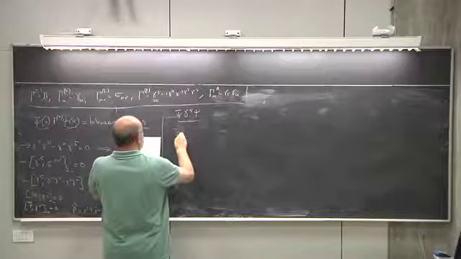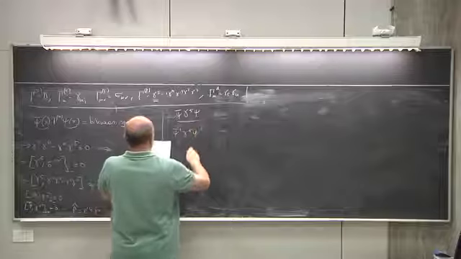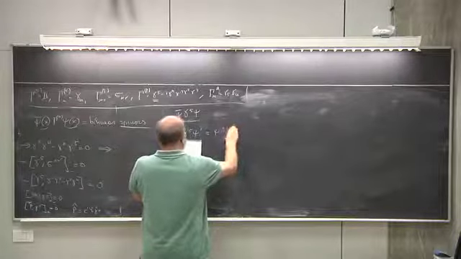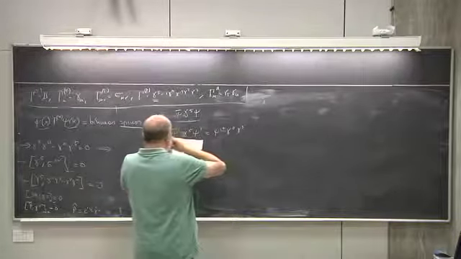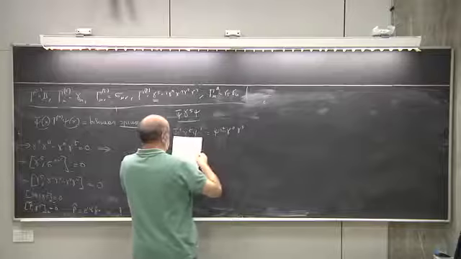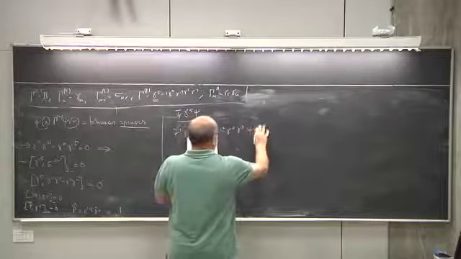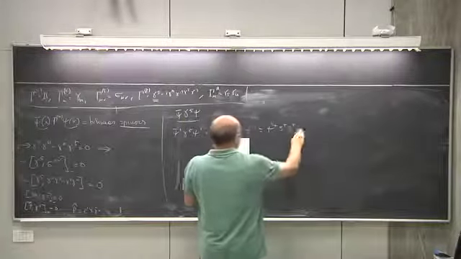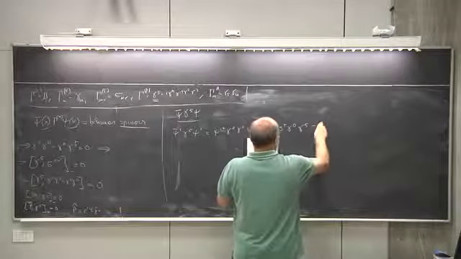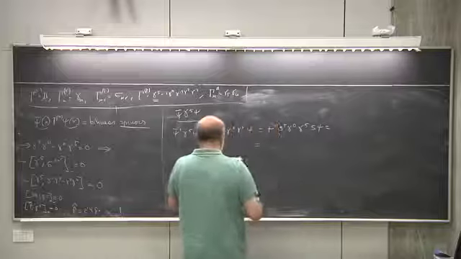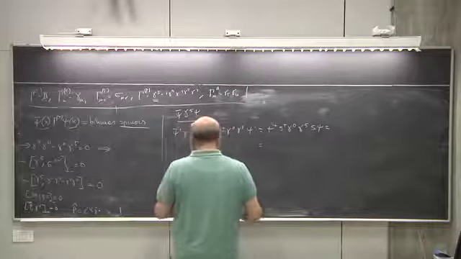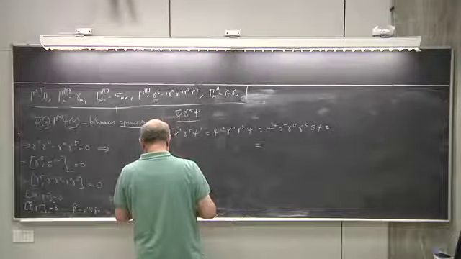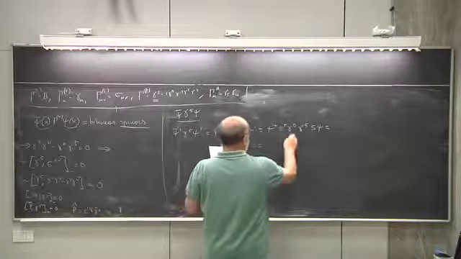The transformed one is psi dag gamma 0 gamma 5 psi, with psi prime. This is equal to psi dag S dag gamma 0 gamma 5 S psi. Now let's remember first these things.